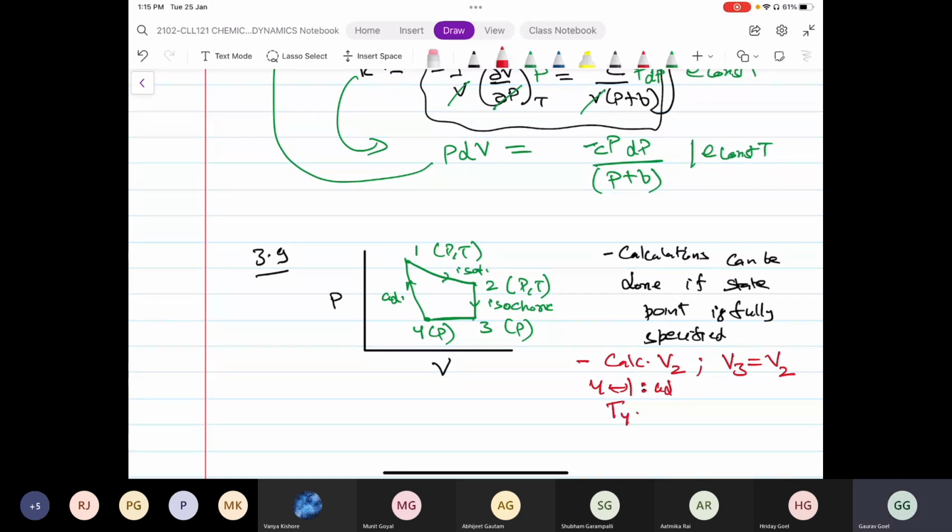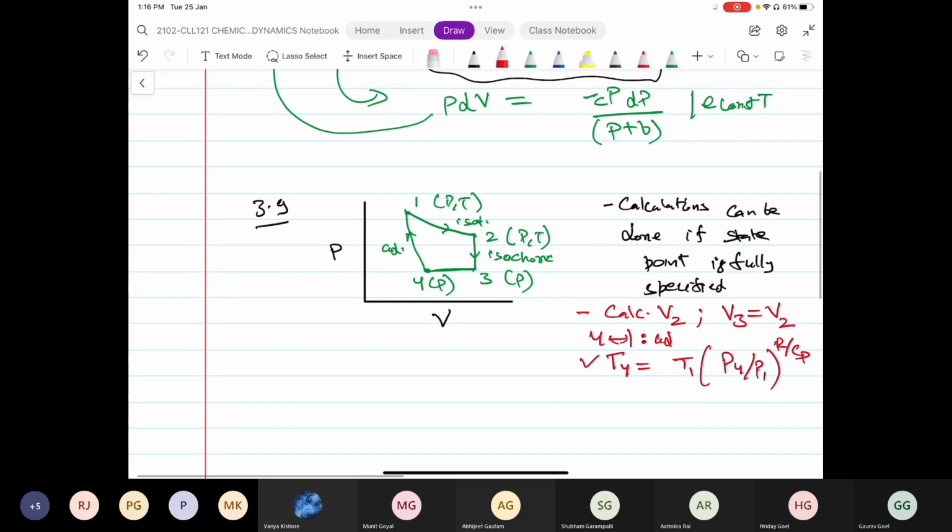So you can calculate T4 in terms of data given at point 1 and pressure at 4. So from here, T4 is also known. Now all the state points are fully specified.